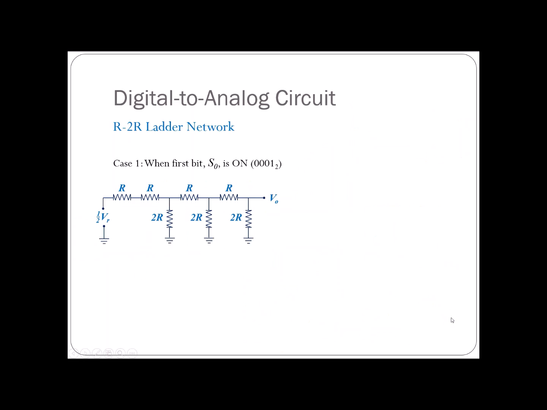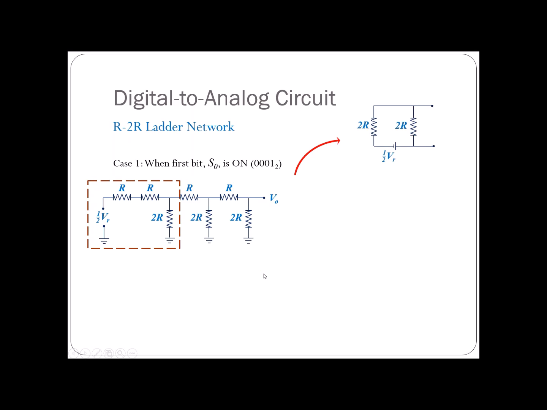I redraw it again here. After analyzing the first Thevenin, I will now analyze it again using a Thevenin circuit, looking at this red box and finding its Thevenin equivalent.